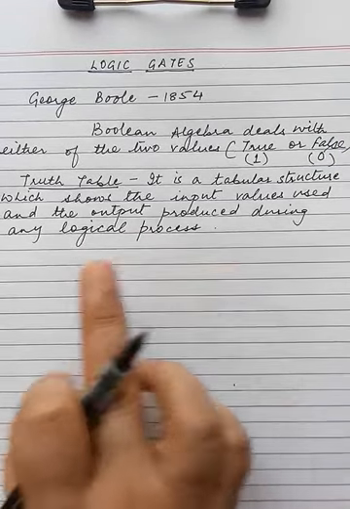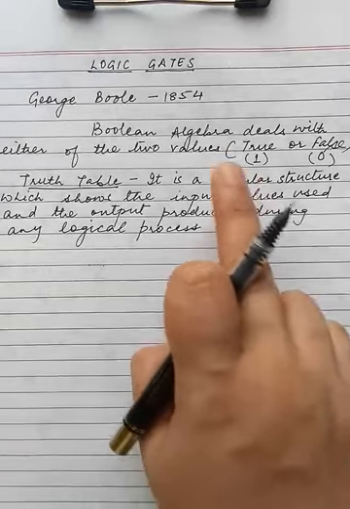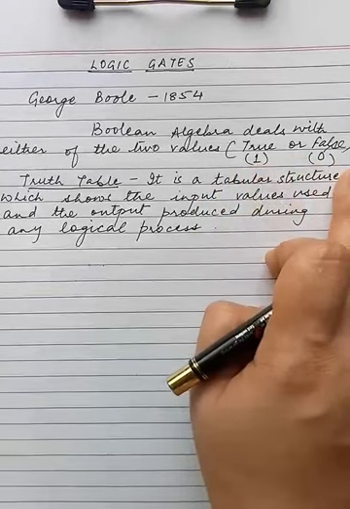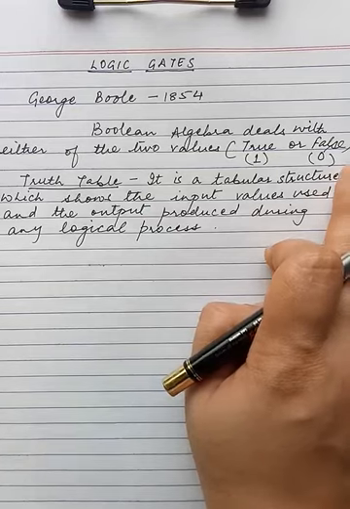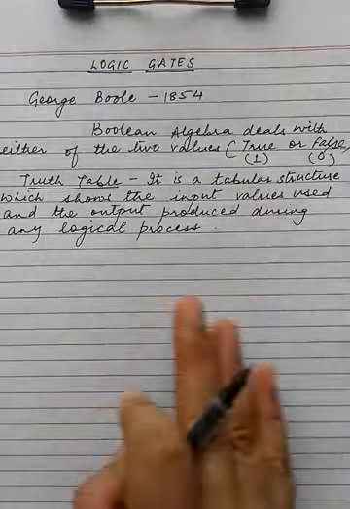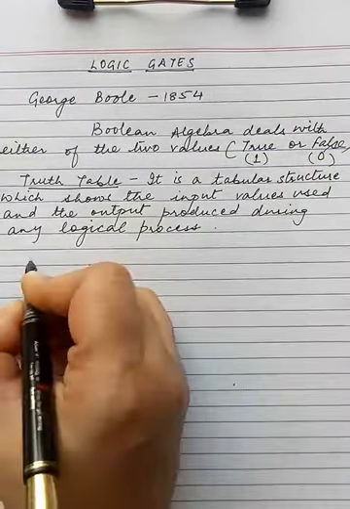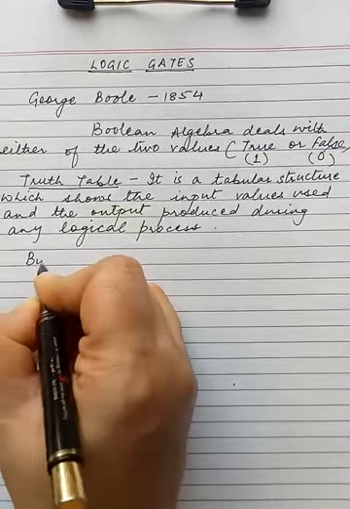Now these input values and output can be in the form of true and false. These values which we are entering or getting as output are called binary valued quantities. Why are they called binary valued quantities? Because they can either be true or false.